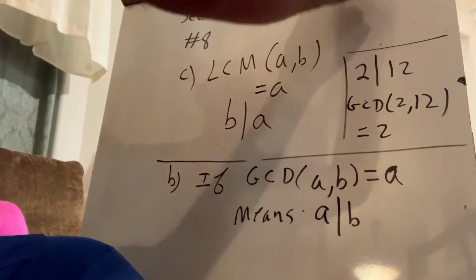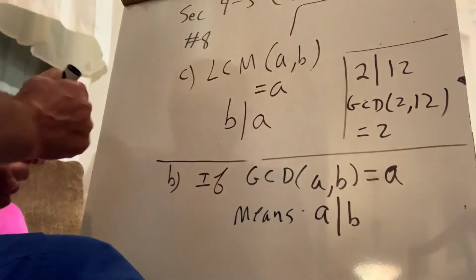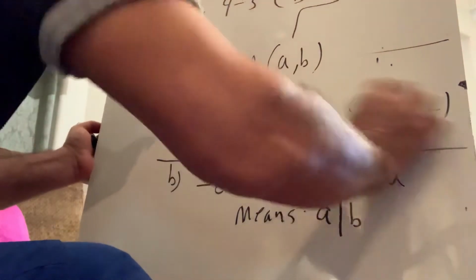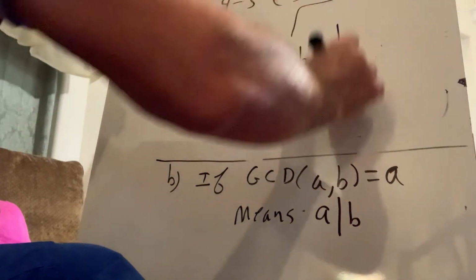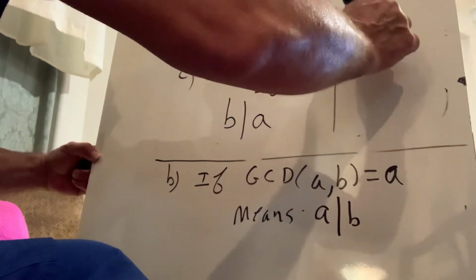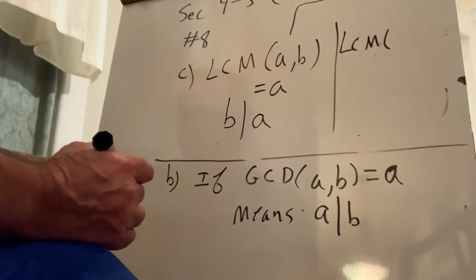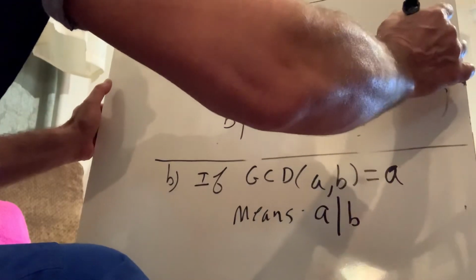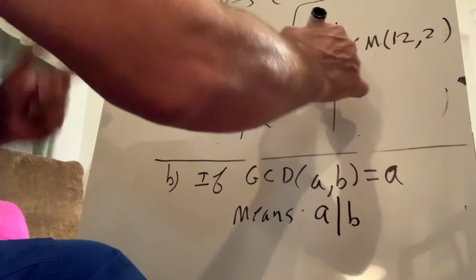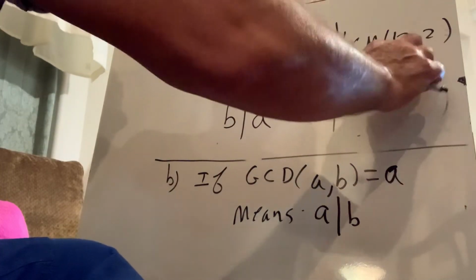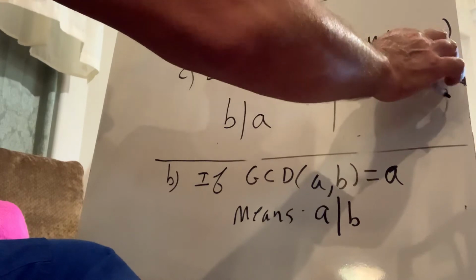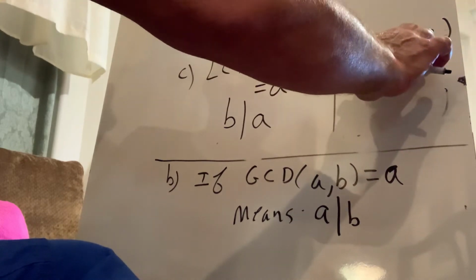Let me give you a quick number example. What is the LCM of 12 and 2? In other words, what's the smallest number that both divide? Well, 2 divides 12, but also 12 divides 12.